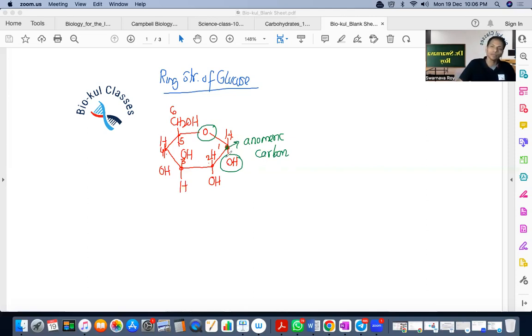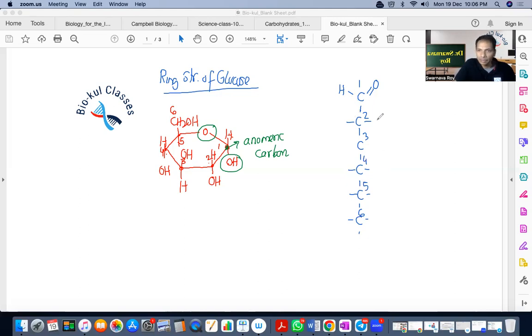Okay. So this is a glucose ring structure. Now if we look at an open structure of glucose, let's side by side also draw an open structure, which will help us understand this concept better. An open structure has the aldehyde group. This is the first. Then we have a total of six carbons. 1, 2, 3, 4, 5, 6 carbons.